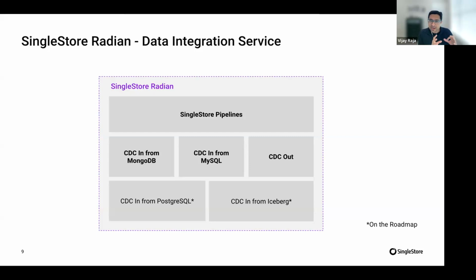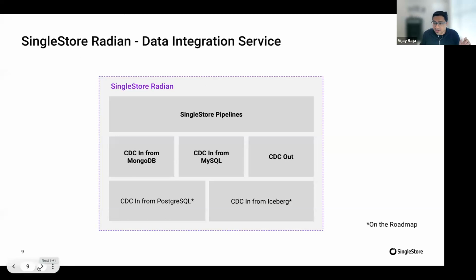And we also have a few others coming up, including CDC in from Postgres and also from Iceberg, which Manish is going to talk a little bit more about. What this helps is it makes it seamless and easy for you to bring data in from any of your regular sources, or integrate data from a multitude of data sources. Okay.